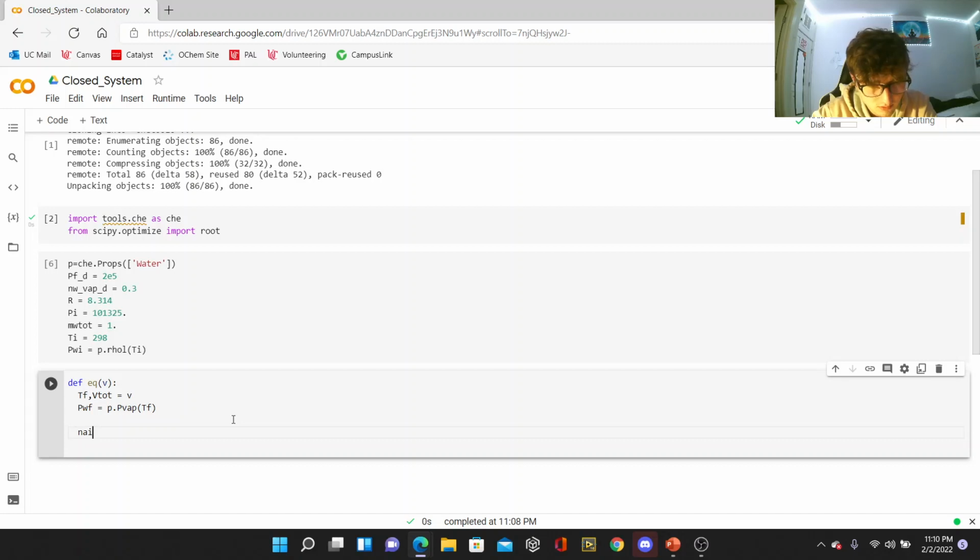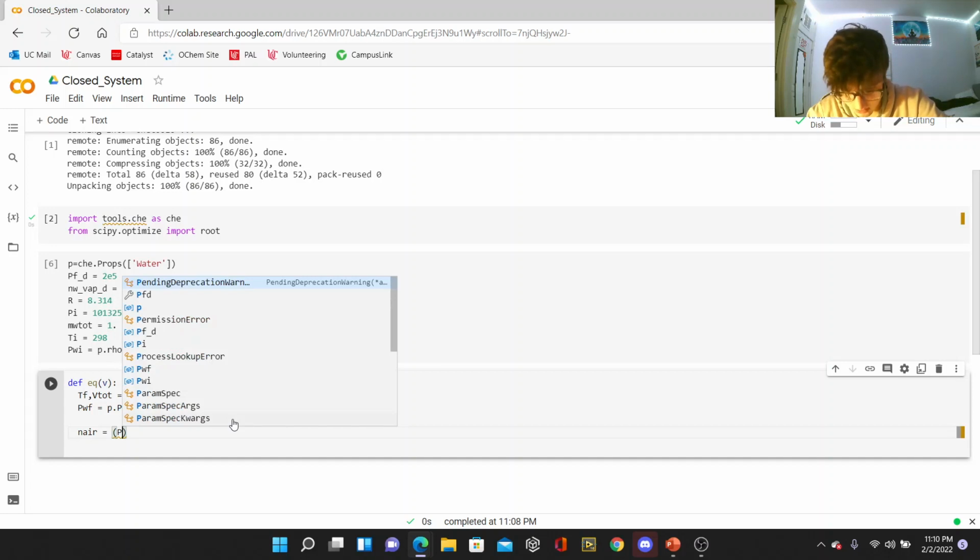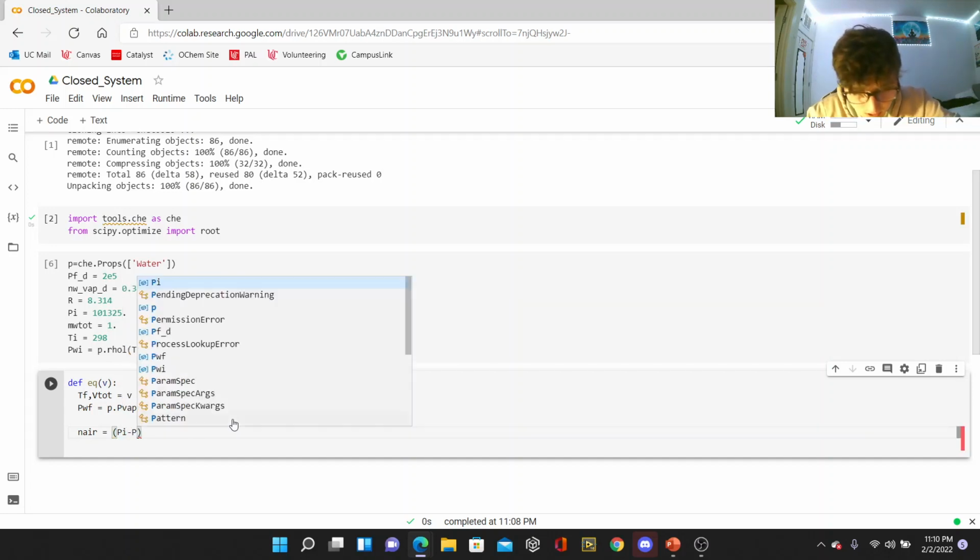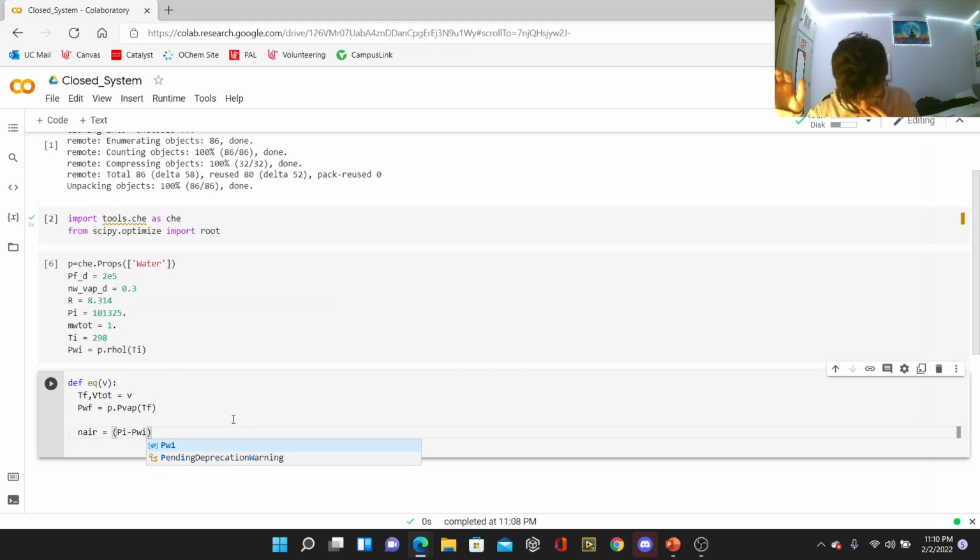So we have equals, going to multiply that by the total volume, which we don't know, minus mass of water.